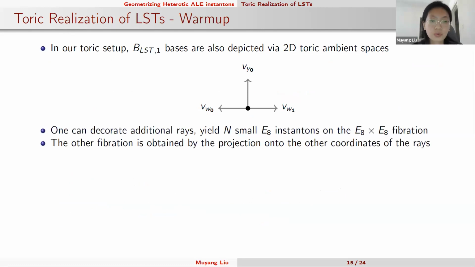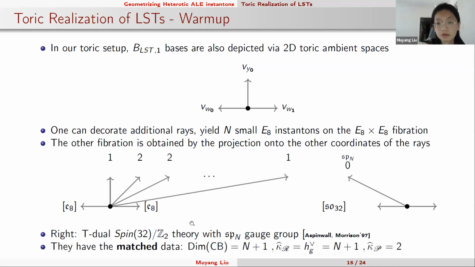Next, we can decorate multiple additional rays into the base topologies, such that they introduce n copies of small E8 instantons in the E8 cross E8 fibration. And once you project the whole toric ambient space onto other directions, given by the other coordinates of the rays, this naturally gives you other fibrations. So in total, we have at most 3 choices of fibrations coming from the toric setups we consider here.